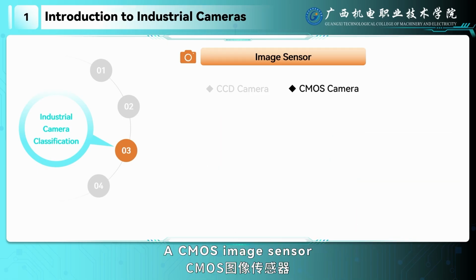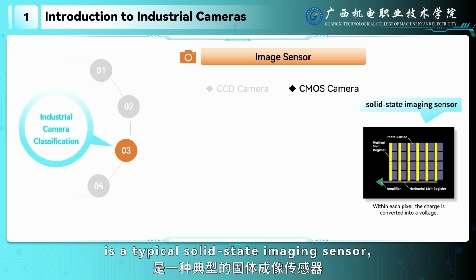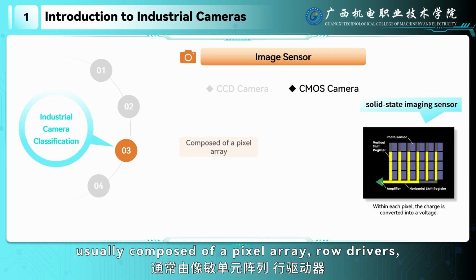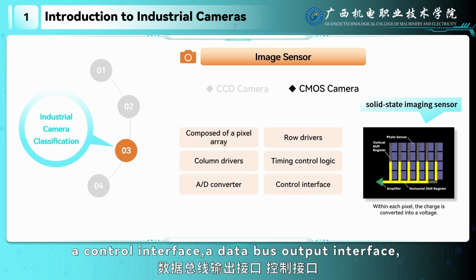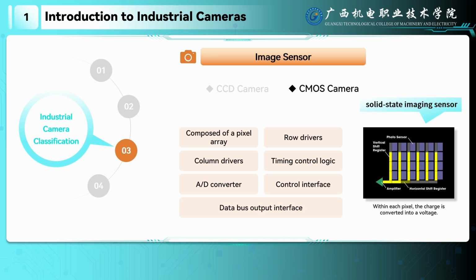A CMOS image sensor is a typical solid-state imaging sensor, usually composed of a pixel array, row drivers, column drivers, timing control logic, an A to D converter, a control interface, a data bus output interface, and other components.